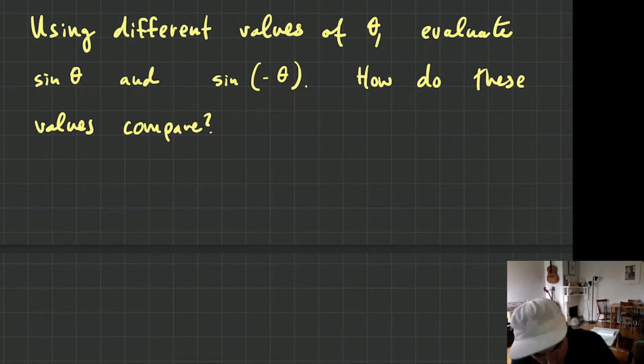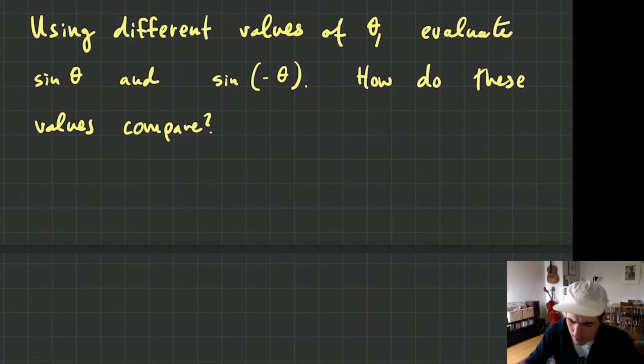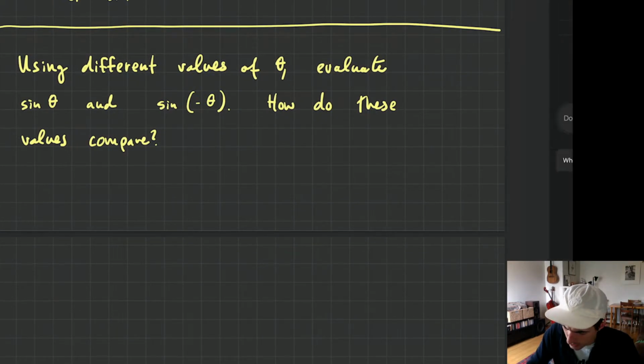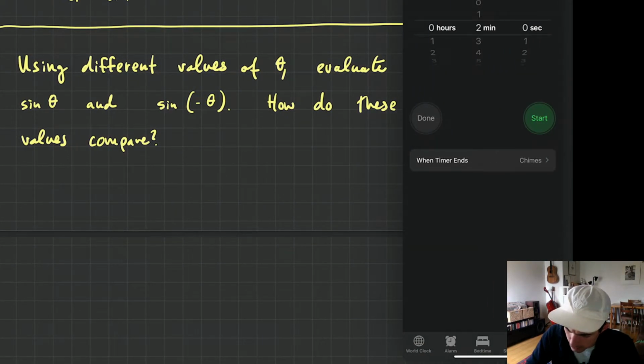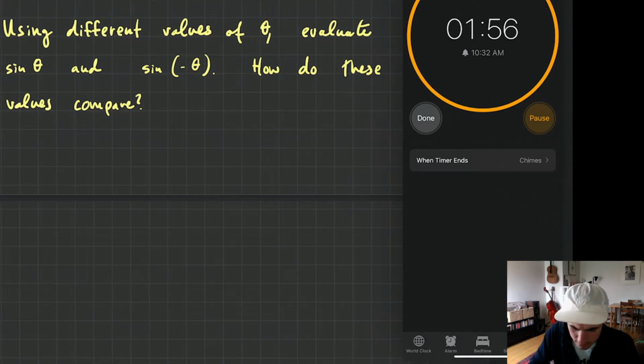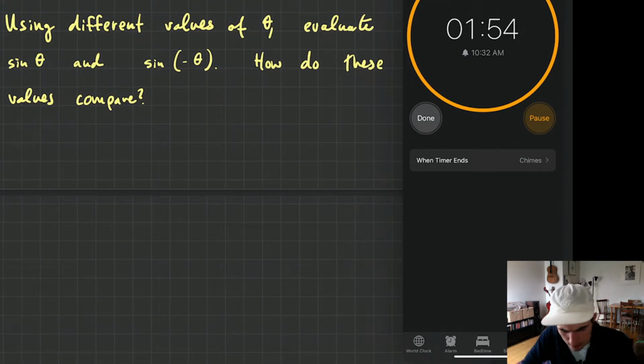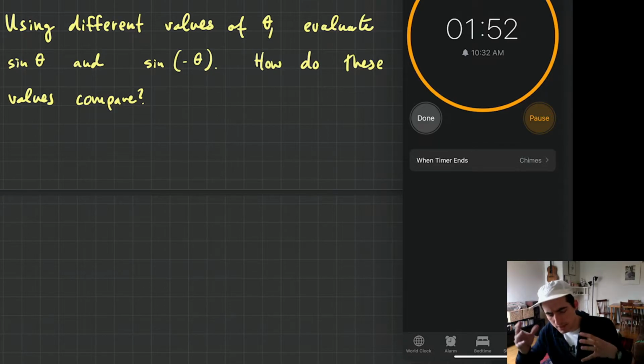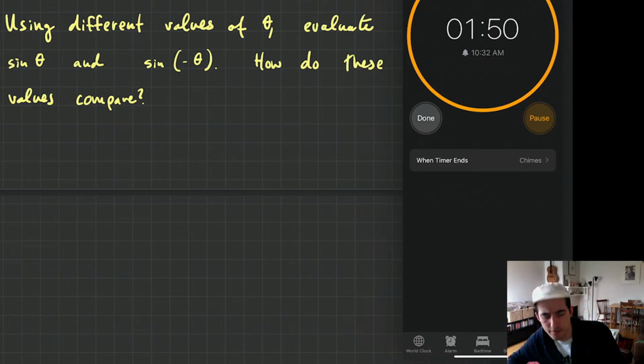So give yourself a few different values of theta. I'm going to give you let's say 2 minutes to think about this one. Think about the different values of theta. If you take the negative version of theta, what happens to your sine function? And then in a minute we're going to talk about why.